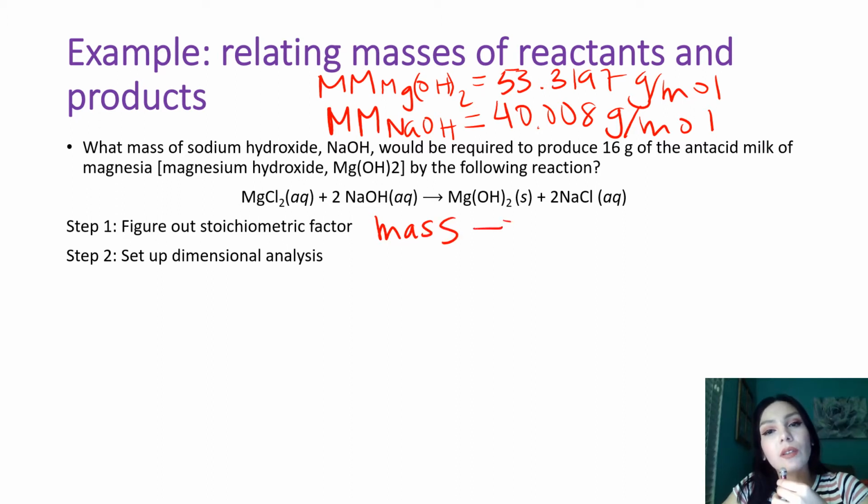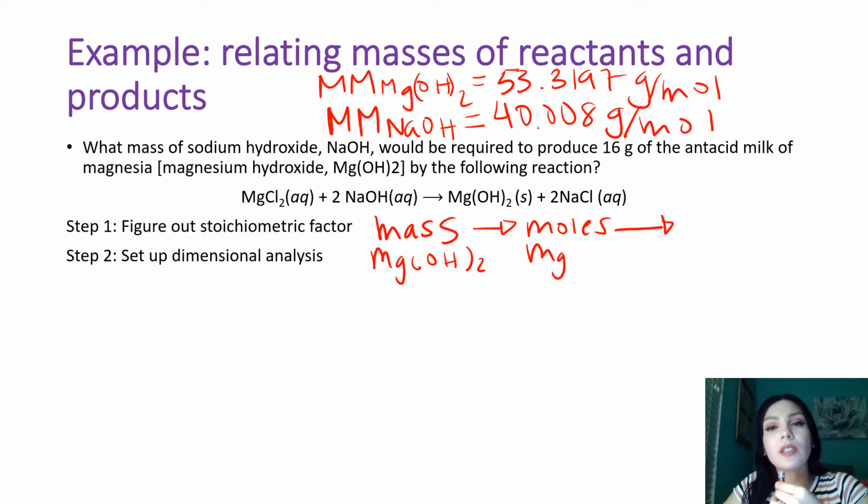And then we need to go to moles. Well, actually, we're starting off with the mass of magnesium hydroxide. So we need to go to moles of magnesium hydroxide. Then after moles of magnesium hydroxide, we need to go to moles of NaOH. And then from there, mass. That's pretty much it.